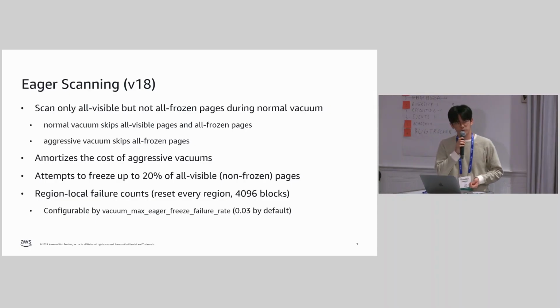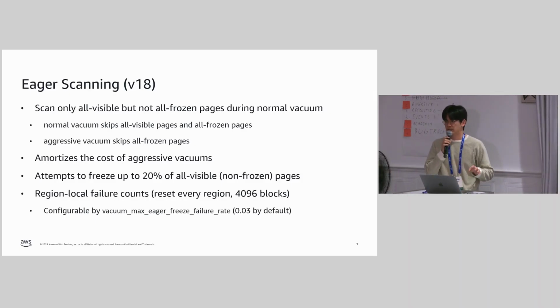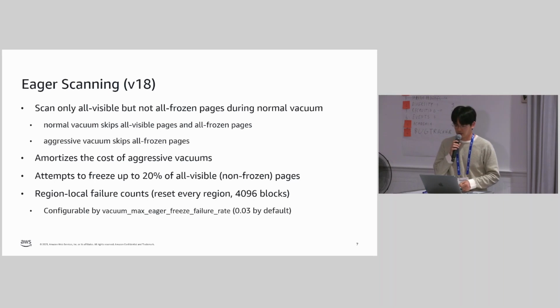The second type of scan is the so-called aggressive vacuum, which can skip only all-frozen pages. This means it scans all pages that might have unfrozen tuples in order to reliably update the table's relfrozenxid value, that is, update the table's age. So the aggressive vacuum can skip all-frozen pages, as I mentioned, which is great.